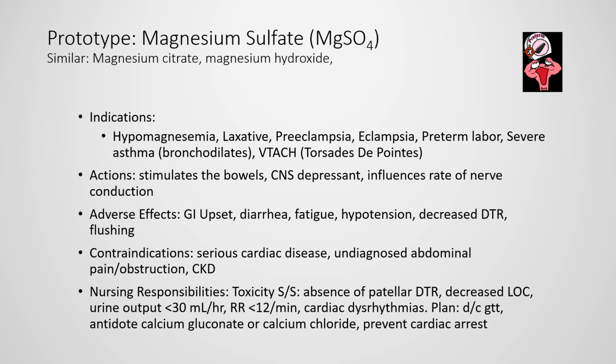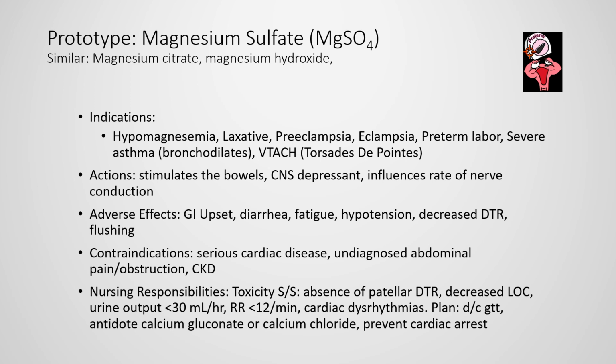Okay. Nursing responsibilities, watching for signs of toxicity to the IV form. So absence of patellar deep tendon reflexes, decreased level of consciousness would be really important. The respiratory rate can diminish with IV magnesium toxicity as well, and you can get cardiac arrhythmias.